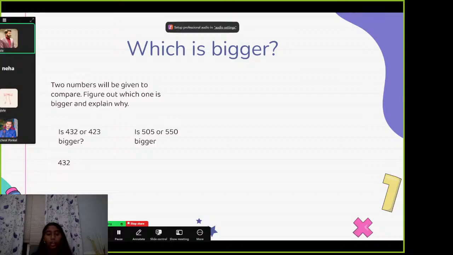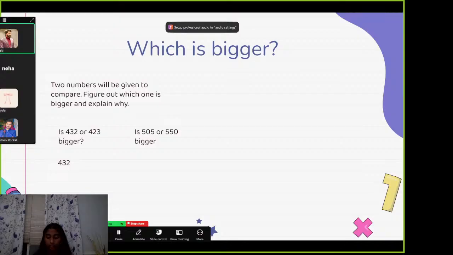Okay, and then we have 505 and 550. And so, like Lasia said, there is a 0 in the tens place, and in the other number there's a 5 in the tens place. But for the 0, you don't take it away or anything. It still has to be there because it's still a digit that has a place value.